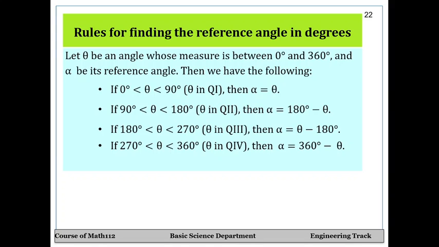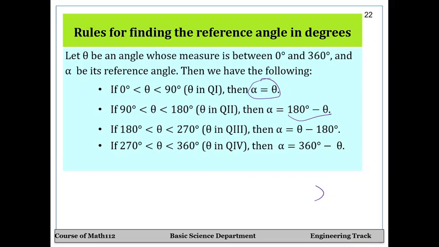Now, we got some observations here. If the angle is here, the reference angle has to be the same as the angle itself. And here, if it is theta, then this part should be alpha, which is 180 minus theta.